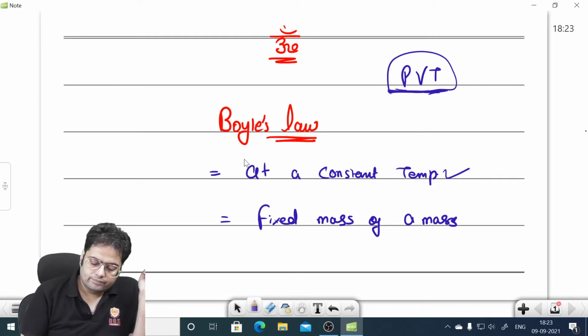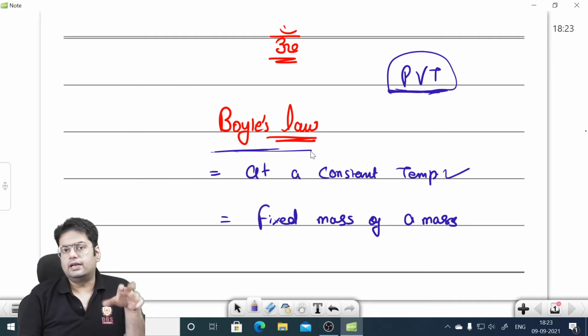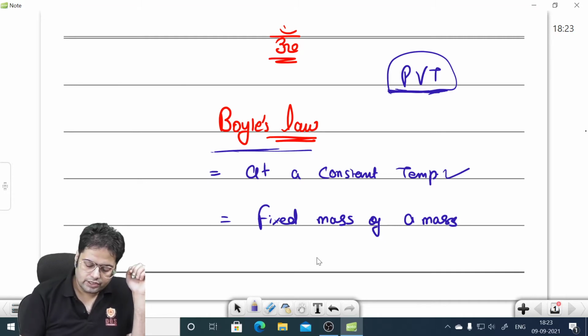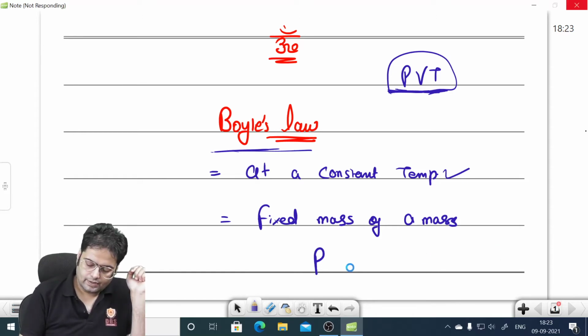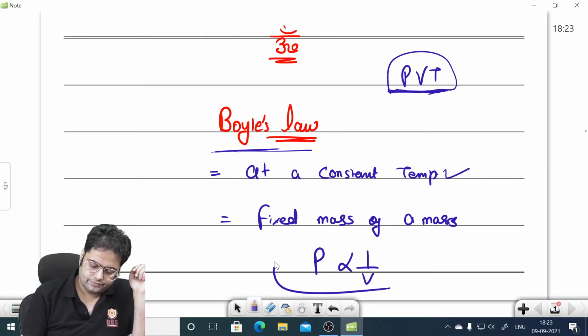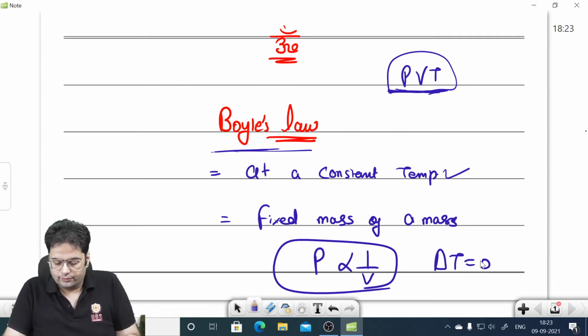So on the basis of these concepts, Boyle's law establishes a relationship between pressure and volume. According to this law, pressure is inversely proportional to volume at constant temperature. Del T will be 0.